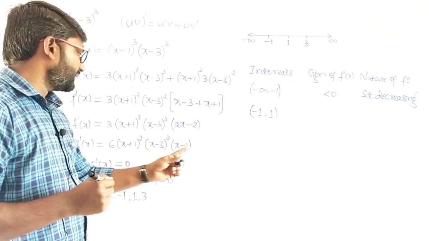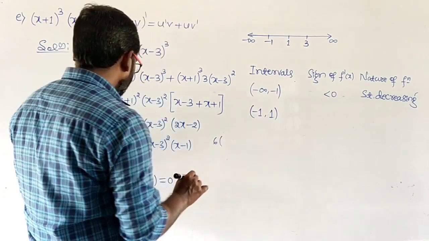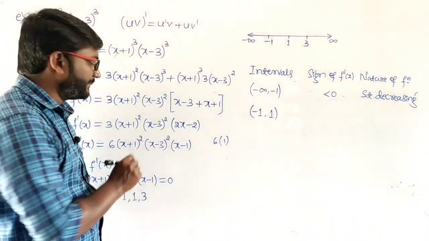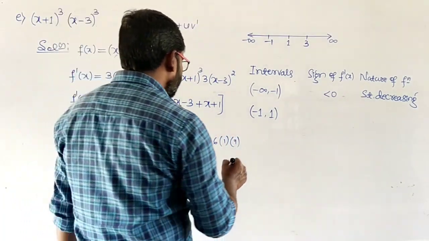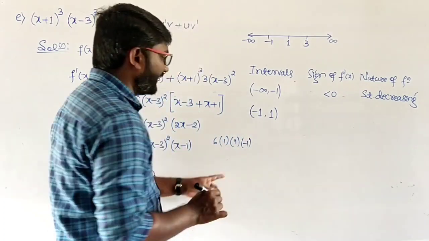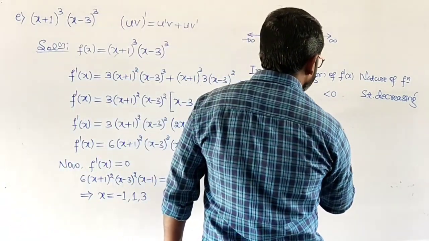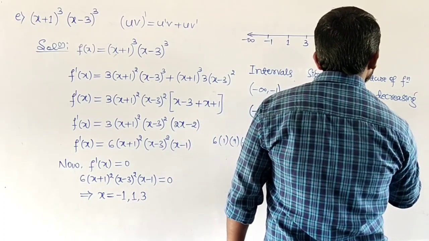Substitute 0 in this now. So see here, 6 into 0 plus 1 it is 1, 1 the square it is 1, again 0 minus 3 it is minus 3, minus 3 square it is 9, and then here 0 minus 1 it is minus 1. So you have one minus sign, that means the product will be less than 0. So again this is less than 0, it is strictly decreasing.